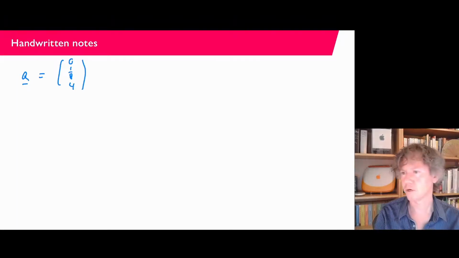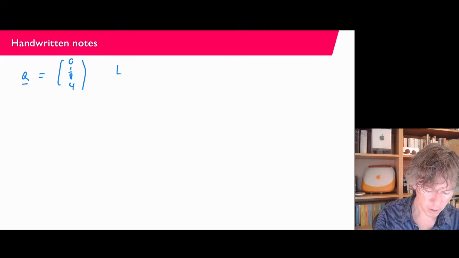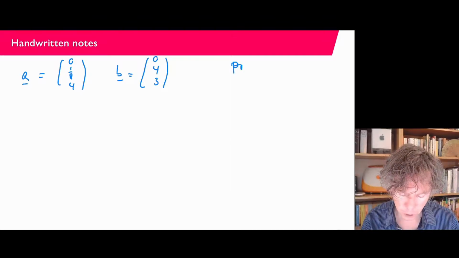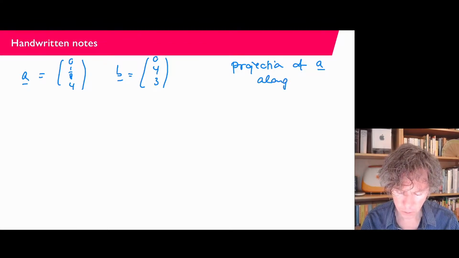So it's a vector in space. B is the vector 0, 4 and 3. And I would like to have the projection of a along b.